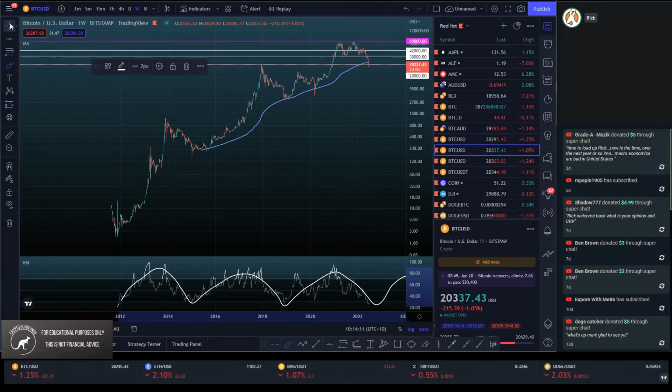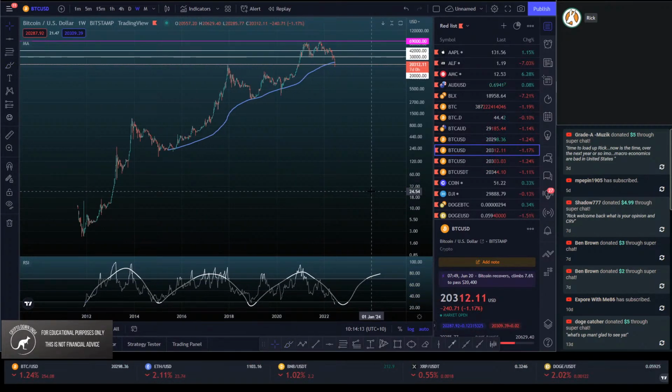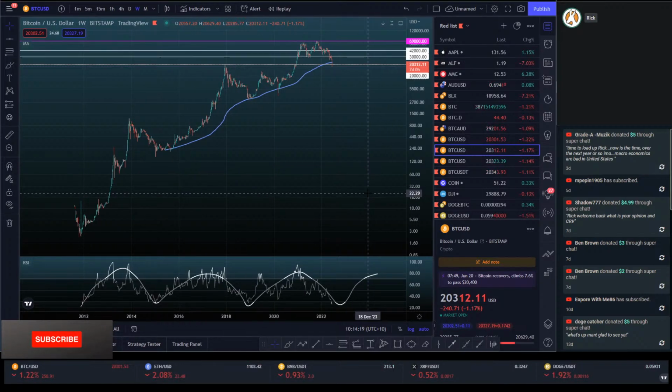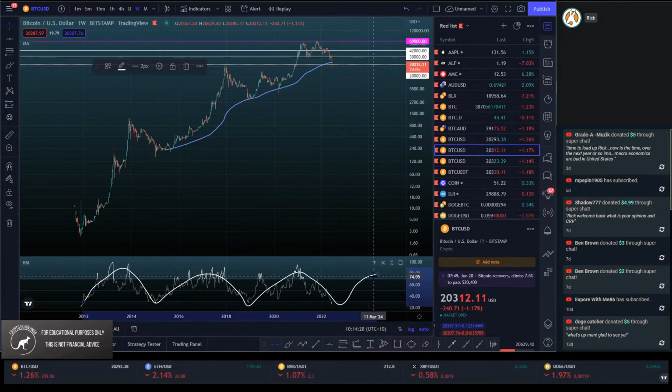So where does this take us? We might not get an all-time high again until late next year, or even into early 2024. So it might take a couple of years before we see all-time highs again. And it also depends on the global economy.